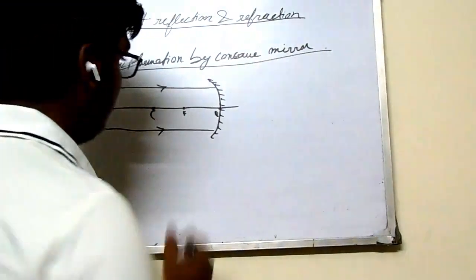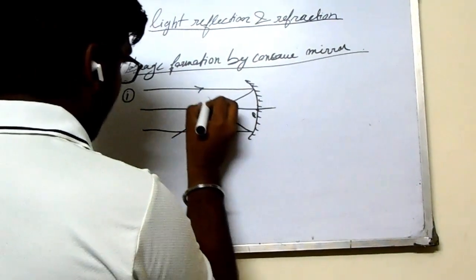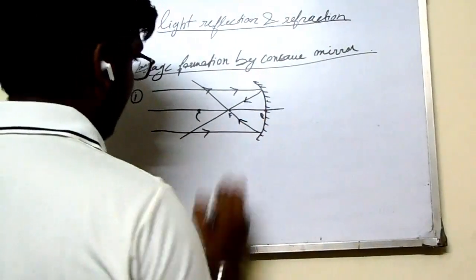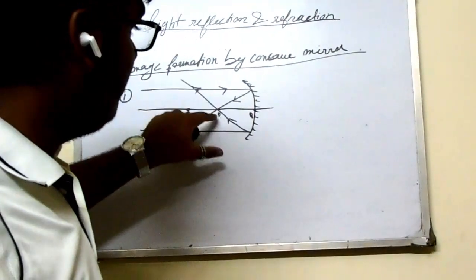The object is placed at infinity, so the two rays are meeting at F.